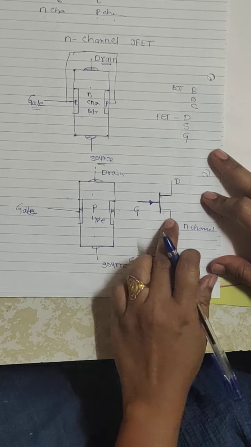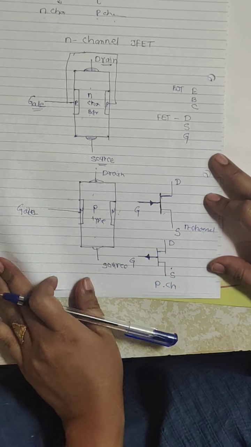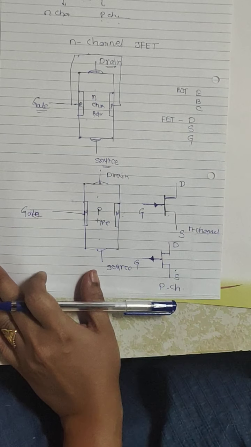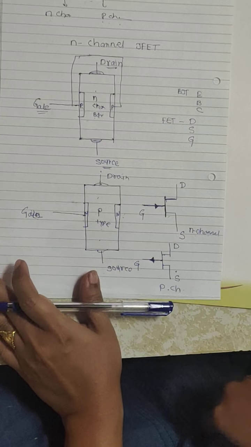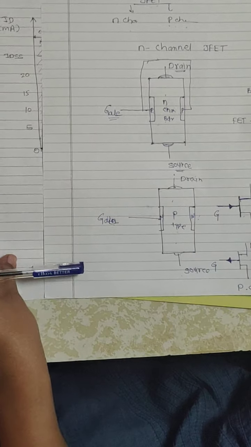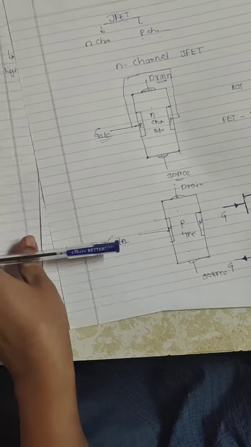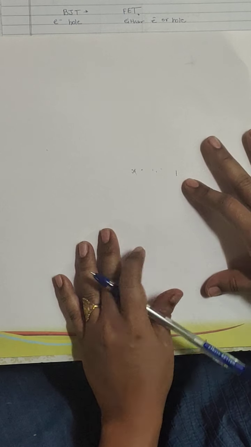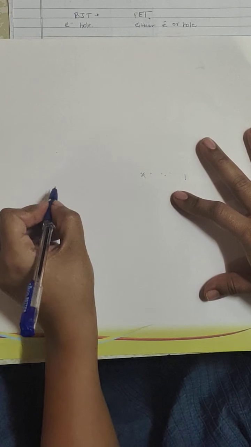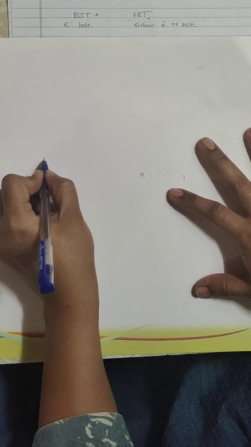This is the symbol and this is the basic construction of the N channel FET and P channel FET. Now we will discuss the working of the N channel FET and P channel FET.